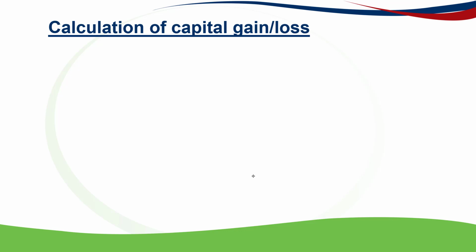Now that we have learned how to determine a taxable capital gain, the next thing we need to look at is how to determine a capital gain or a capital loss, as these are the amounts that are used in the first step of calculating a taxable capital gain.